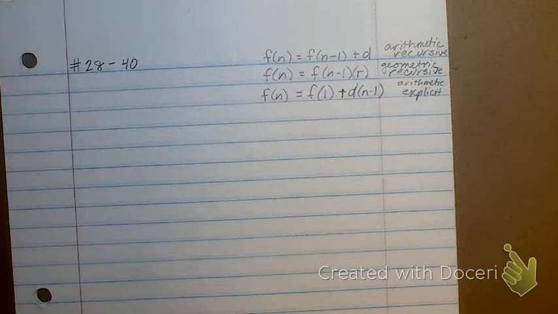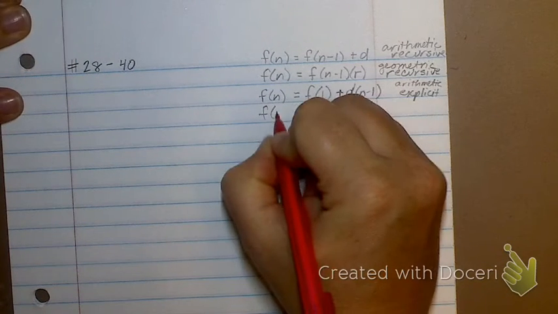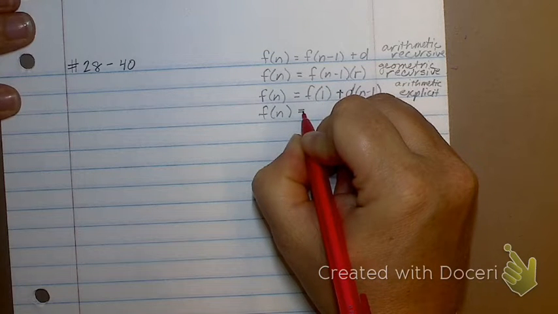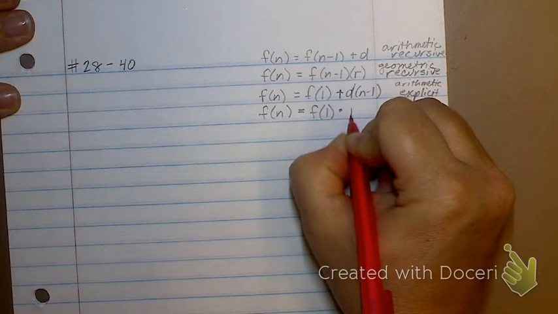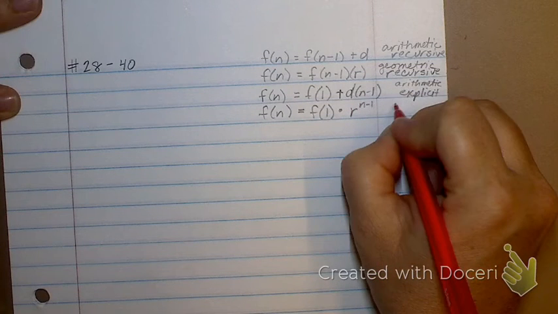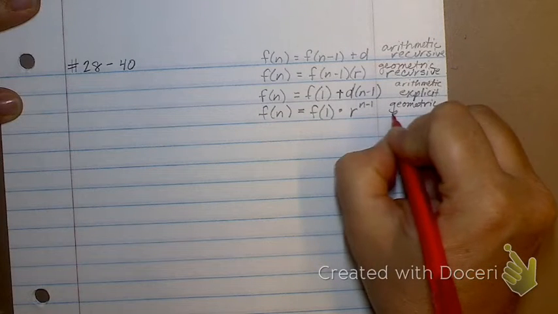Sounding familiar at all? F of n is equal to f of 1 times r to the n minus 1. That is your geometric explicit.